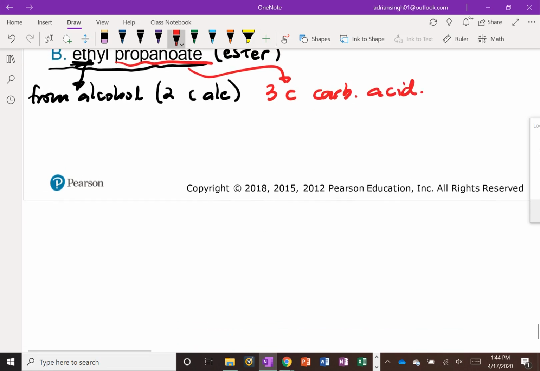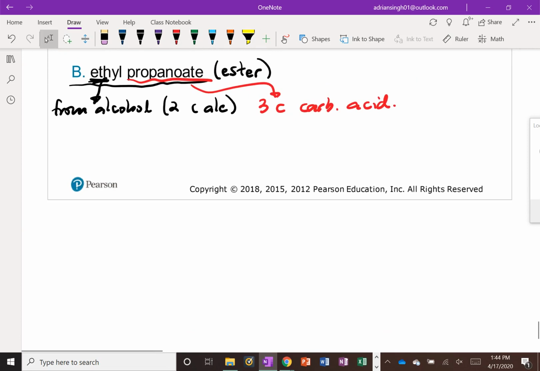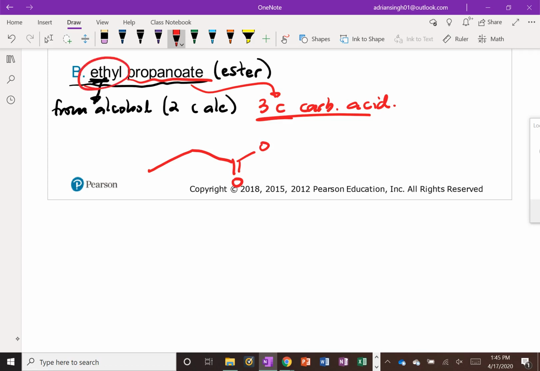All right, so the way that we've drawn the esters so far is we've typically drawn the acid part of it first. So we have a 3-carbon carboxylic acid, 1, 2, 3. That's your prop part of it. And then in order to make it an ester, we need to make sure to have that bond to the O. And that O connects the alcohol portion of the molecule, and that's a 2-carbon alcohol, so we just make 2 carbons.